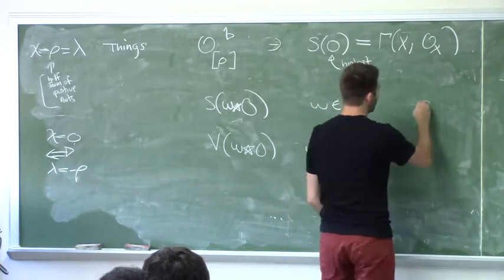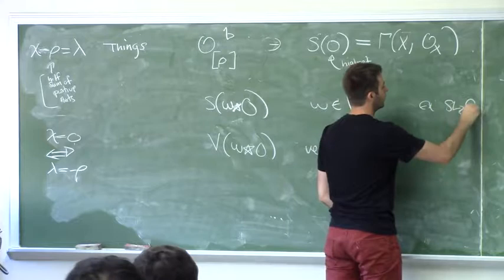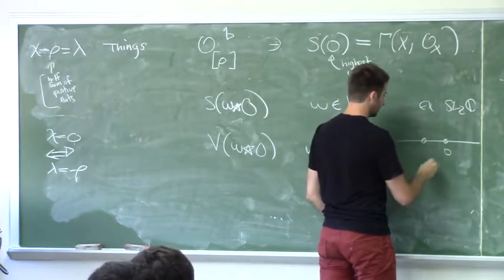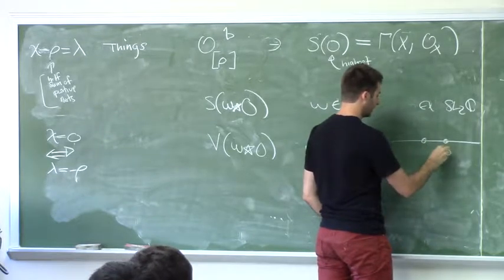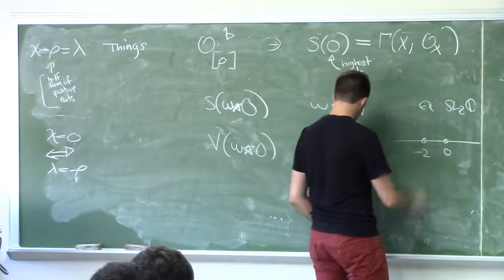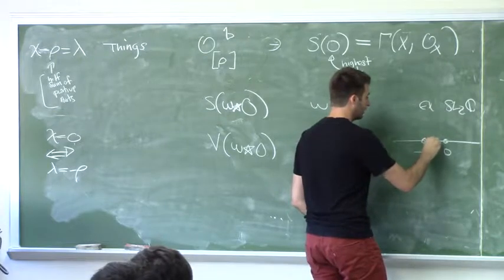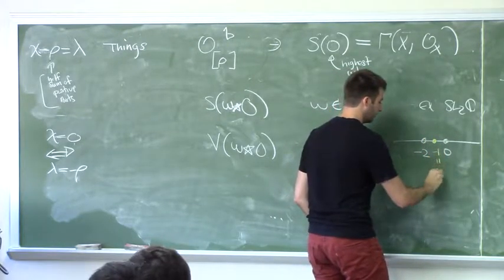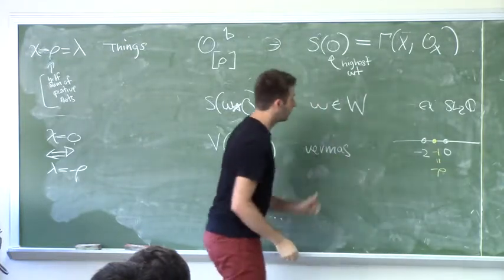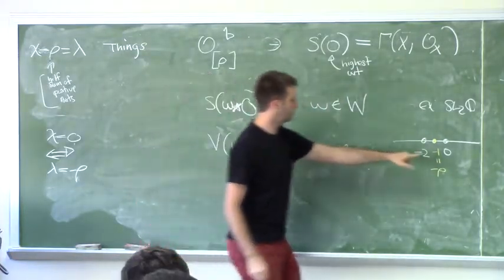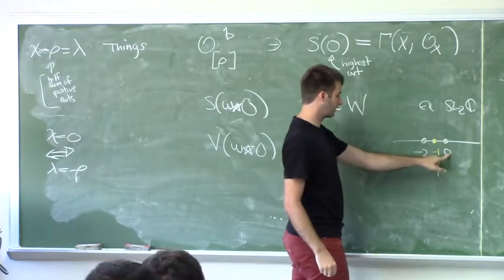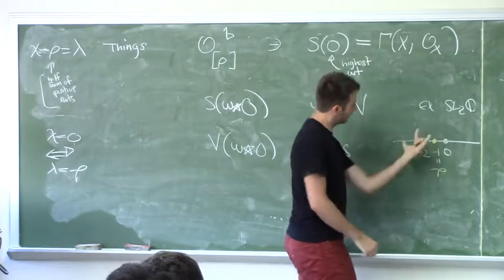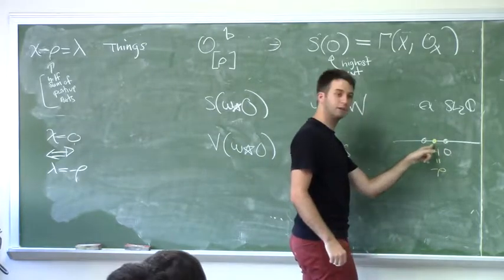In the simplest example, if you were looking at SL2, then with one choice of Borel, let's say this was zero, the simple highest weight 0, this is highest weight -2, and this guy that we kept talking about, minus rho, is right here. This category will contain two simple objects, one of highest weight 0, one of highest weight -2, because the Weyl group just flips over this yellow guy.